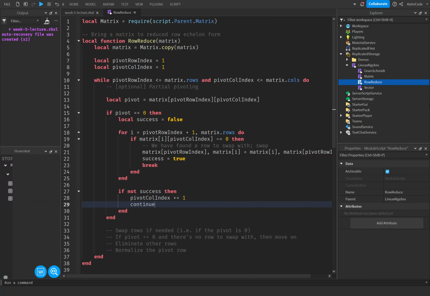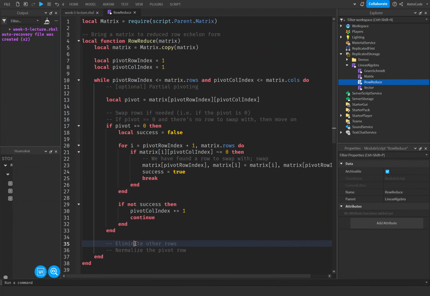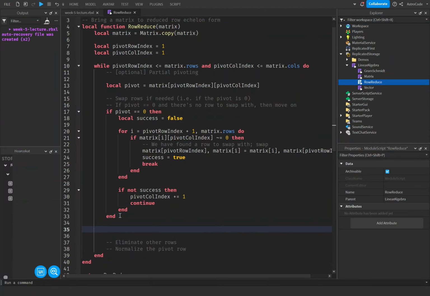And so we'll just continue on to the next step. So this addresses our edge cases. And let's see. So we did this. So we swapped rows if needed. And if the pivot is 0, then we just move on. So let me stick this up here. All right, we've handled our edge cases, and now let's do the elimination step.